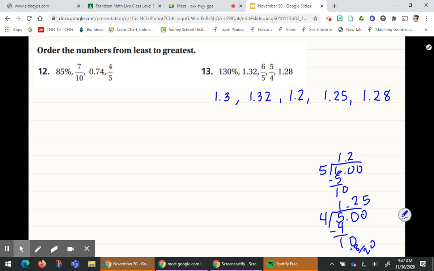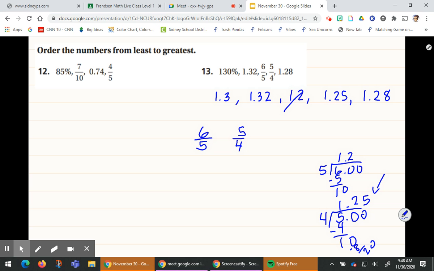Okay, this time I decided to go with decimal. The very smallest decimal was the one I got when I divided 6/5. It was 1.2. The next smallest decimal I got was 1.25, which was what I got when I divided 5/4.